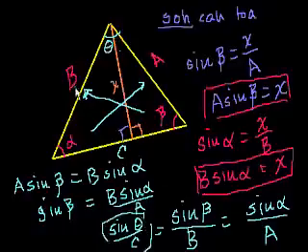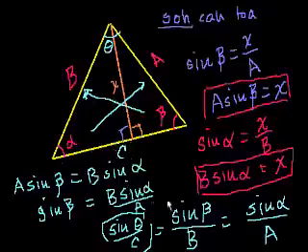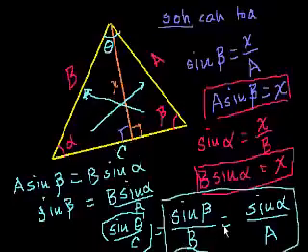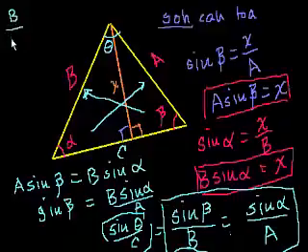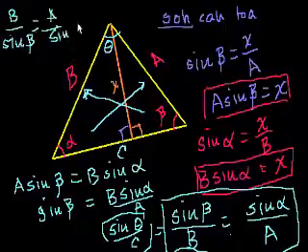The proof of adding this is identical. I mean, we picked B arbitrarily. We could have done the exact same thing with theta and C, but instead of dropping the altitude here, we would have had to drop one of the other altitudes, and I think you could figure out that part. But the important thing is we have this ratio, and since it's a ratio, you could flip both sides and write B over the sine of beta is equal to A over the sine of alpha.